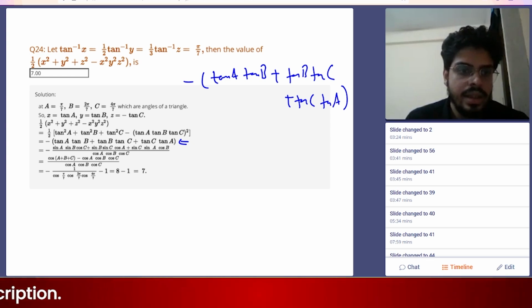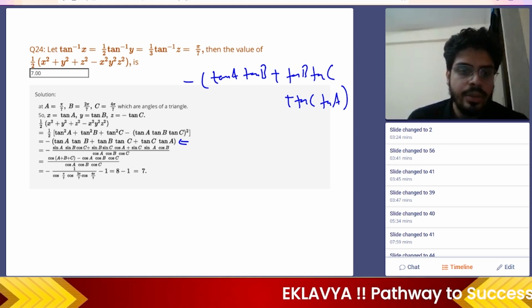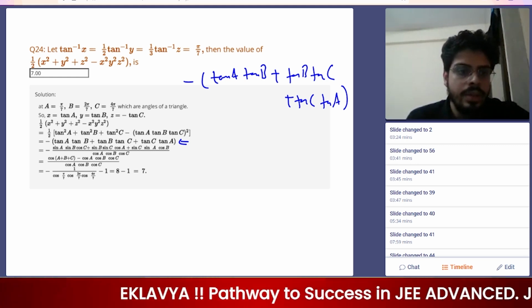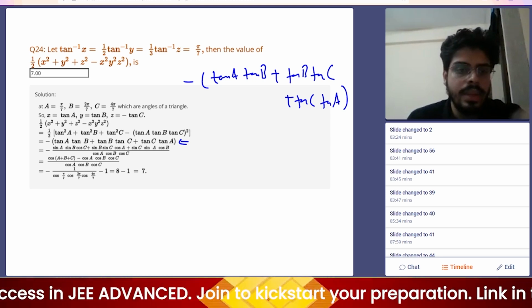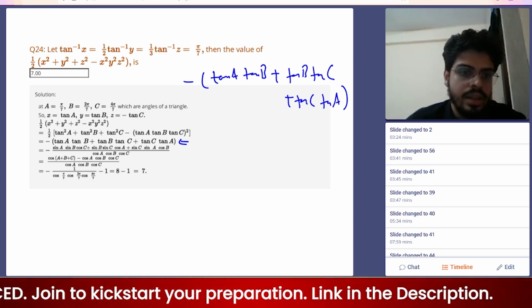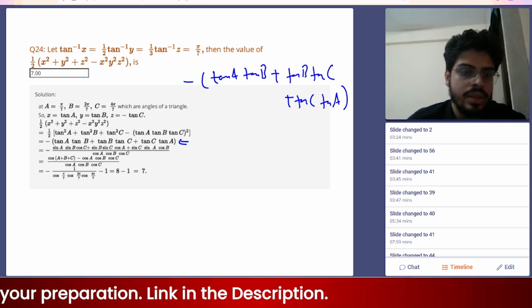So it will become cos(A + B + C), and then cos pi will become -1, and the remaining is cos A into cos B into cos C.